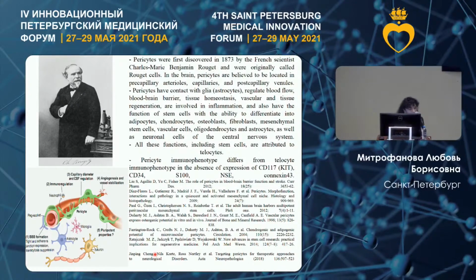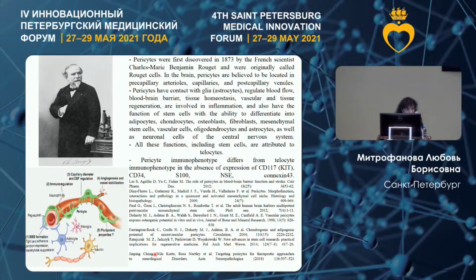So there was Kaplan, a researcher, who discovered a stem cell, and while molecular biology and histochemistry were developing, in 20 years he came to the conclusion that the stem cell is a pericyte.